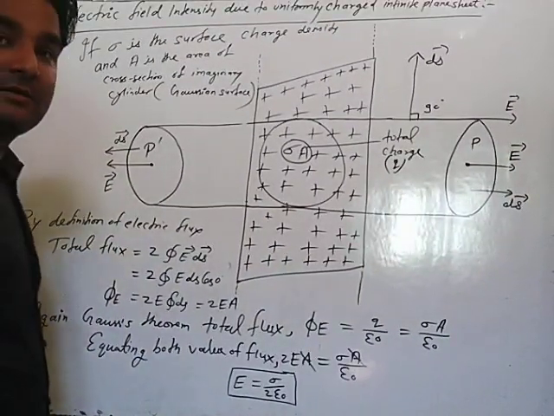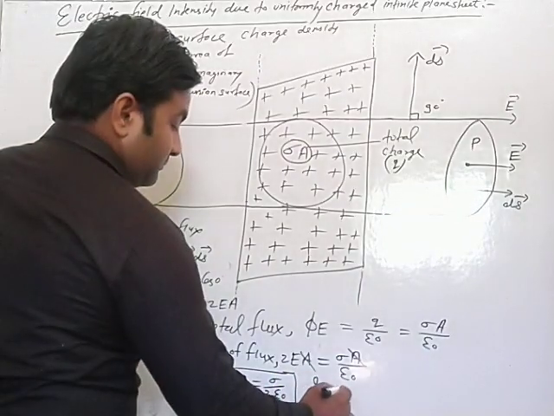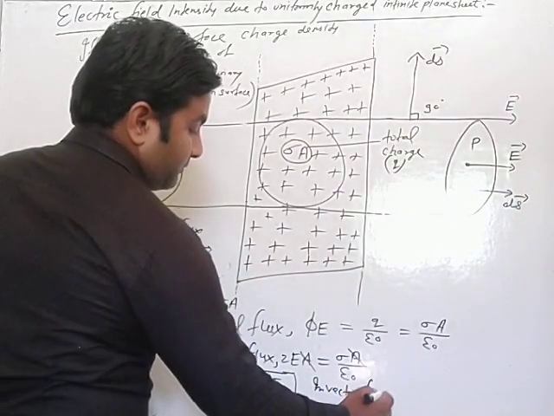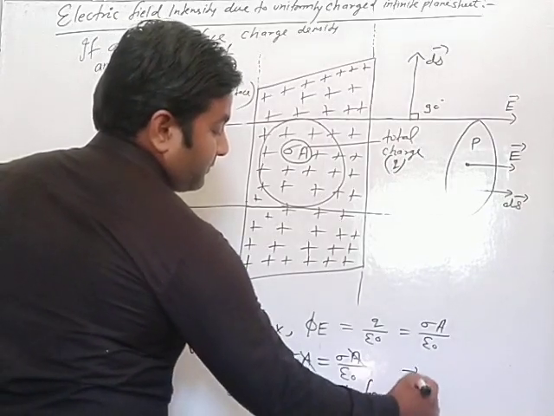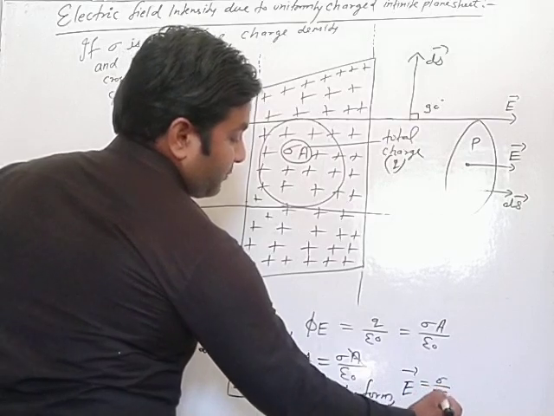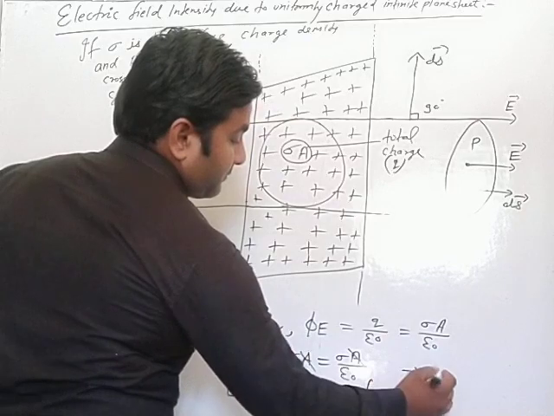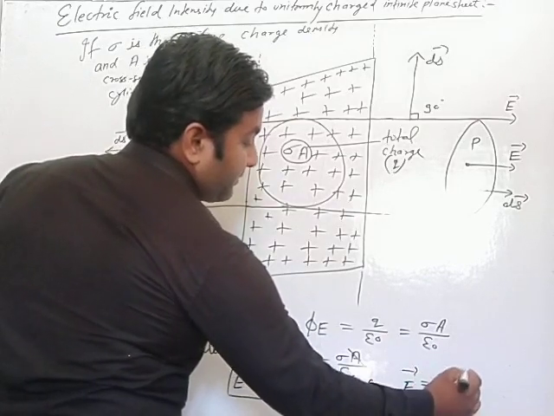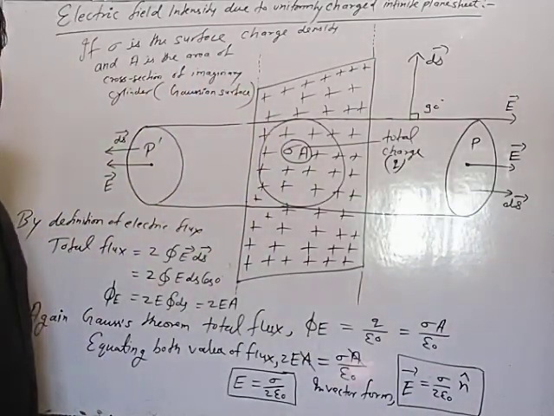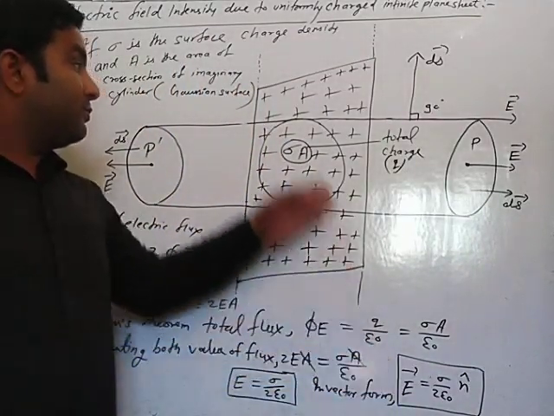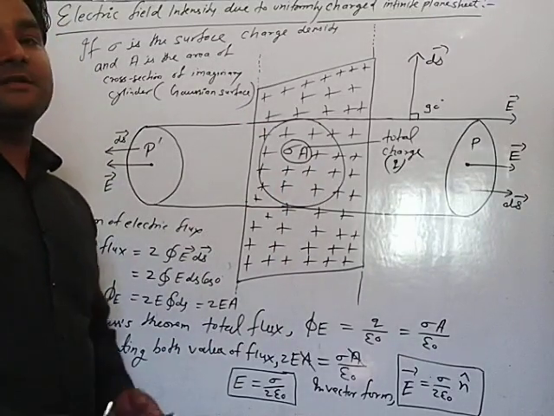In vector form, vector E is equal to sigma upon 2 epsilon naught n cap, the value of electric field intensity due to this uniformly charged infinite plane sheet.